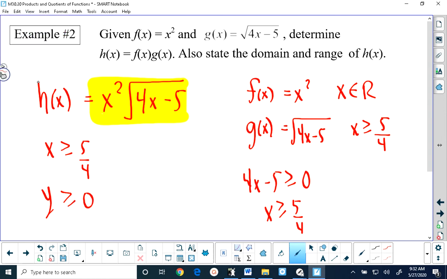You know, I really don't care too much about the range. As I'm standing here looking at this, if I retyped this lesson, I would remove reference to the range. It's not important. What I told you yesterday about adding and subtracting functions is true about multiplying and dividing. If you ever really wanted to know the range, you're going to have to construct a graph.